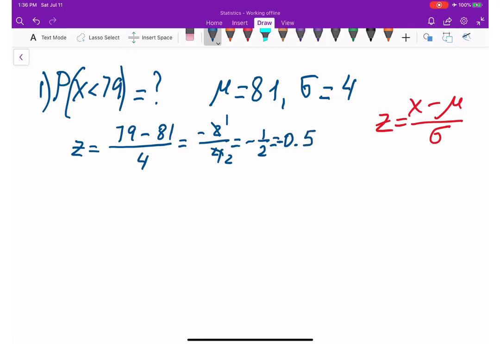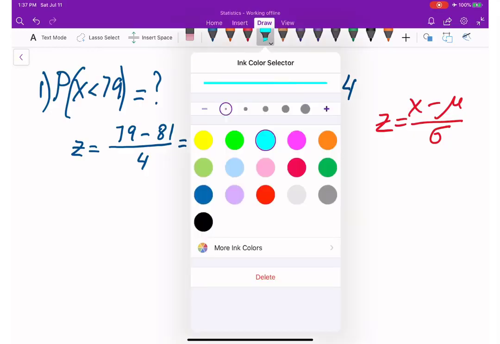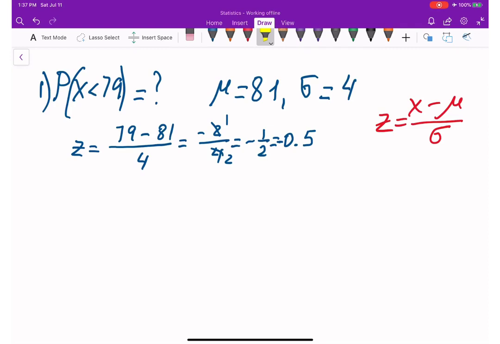What is interesting, first of all, I want to mention that the table I'm going to use represents the probability that is less than, not greater than. With a normal distribution, the tail can be right tail or left tail, and there are tables for right tail, left tail, or for between.